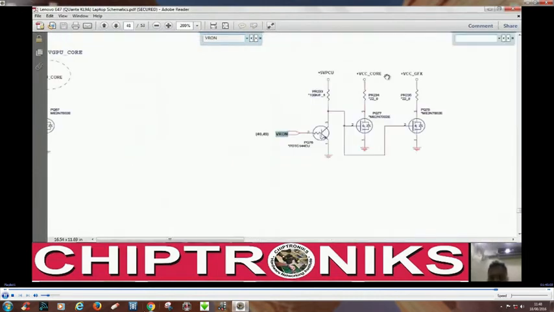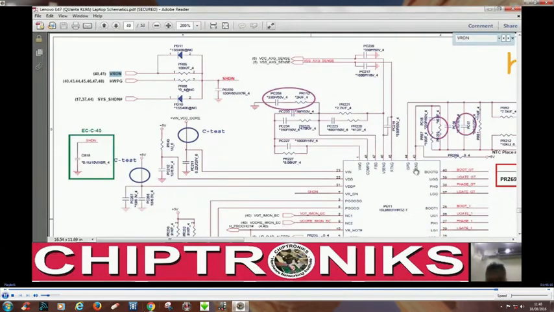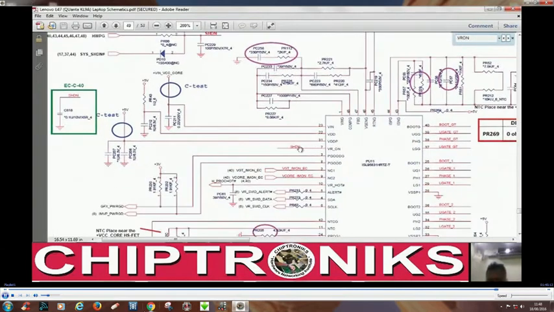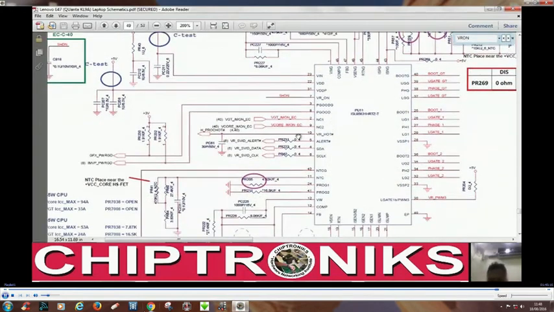This VR on has been generated by the IO controller, and here the SVID alert, data and clock. Initially when the CPU is connected to the socket, the core part of the CPU is not turned on, but this VID data is the default VID data.